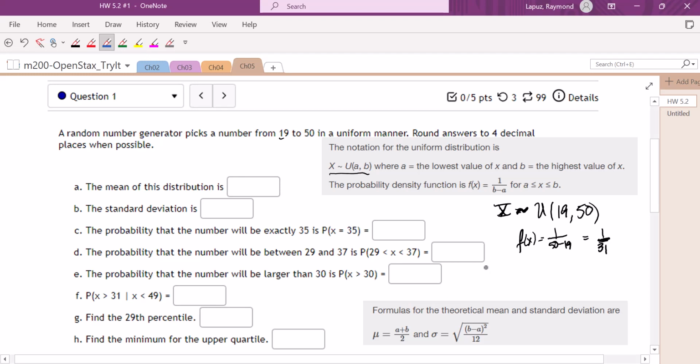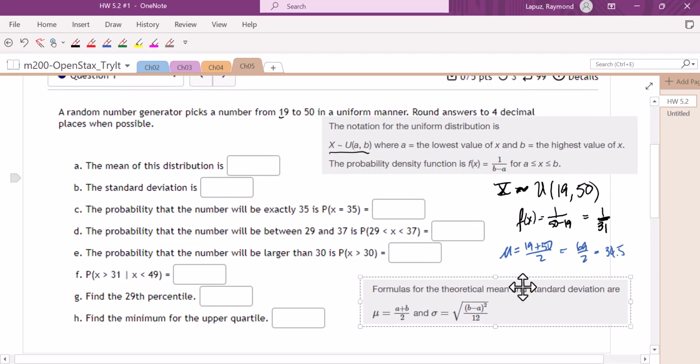Our mu, in this case, will be A, which is 19, plus B, which is 50, divided by 2. So this is 69 over 2, which is 34.5. So that is our mean.